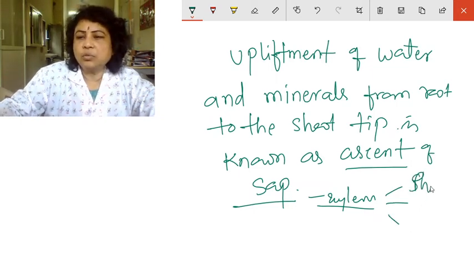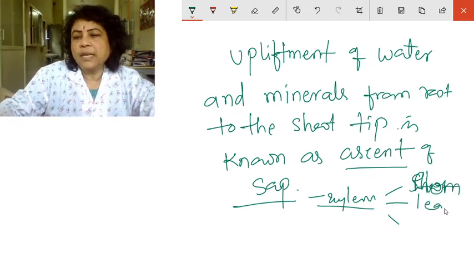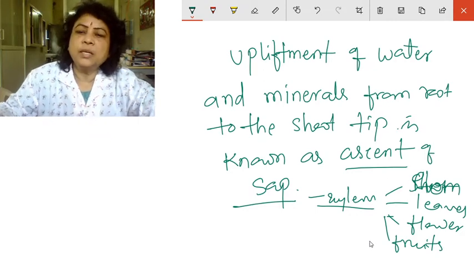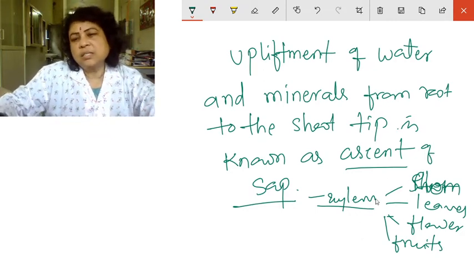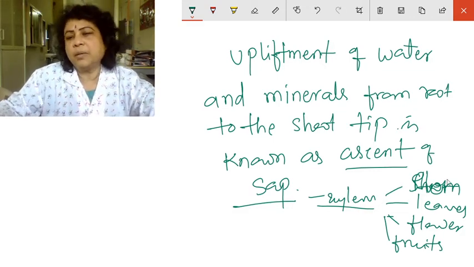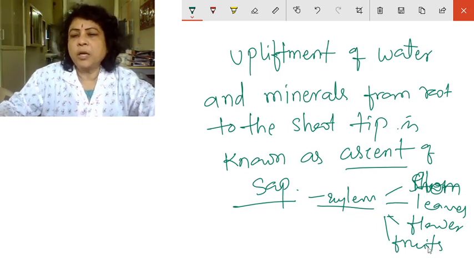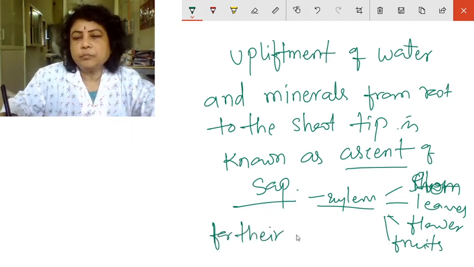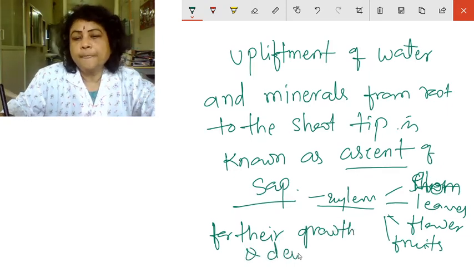That means to the shoot, the stem, the leaves, the flowers, the fruits, all parts of the plant. So through the xylem, from the root xylem it translocates to the shoot xylem, to the stem, leaves, flowers and fruits, all parts of the plant, for their growth and development.